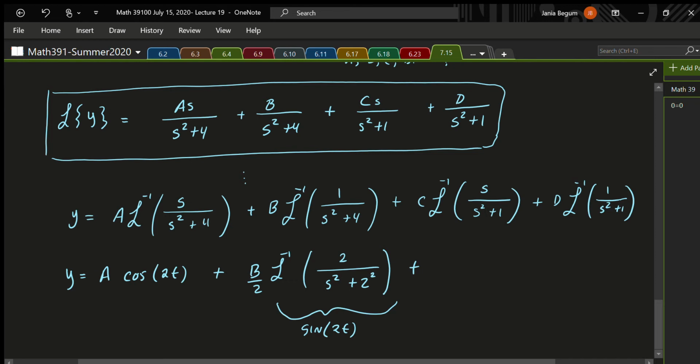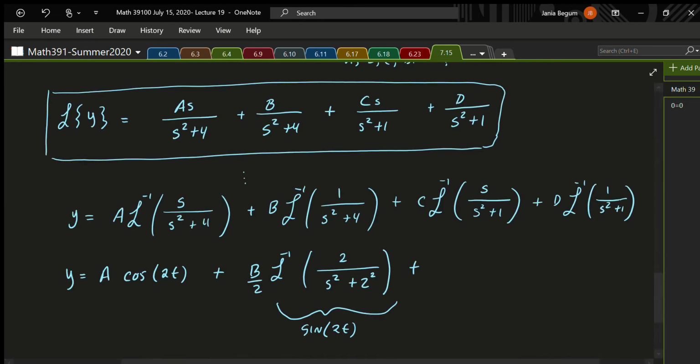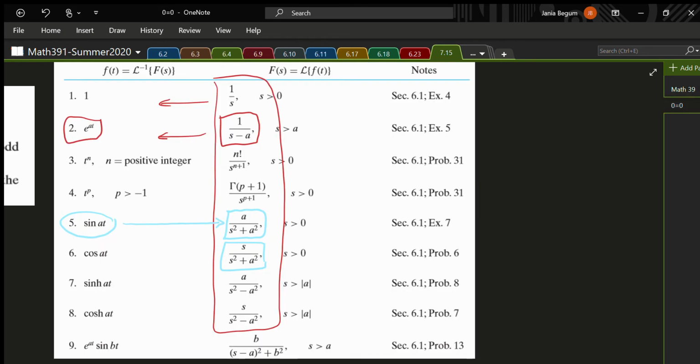The next one looks like cosine. Do you agree? So that would be cosine of 1. Going back to the table, we're looking at this one right here. 1 over 1 squared, that's going to give you cosine. No, sorry, it's not cosine. Did we make a mistake? Yeah, it's cosine, right here.